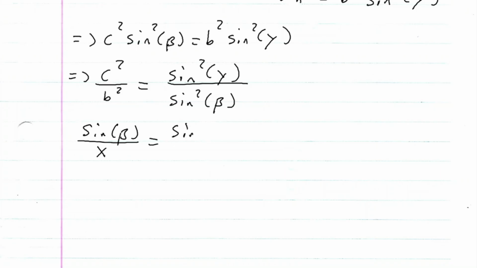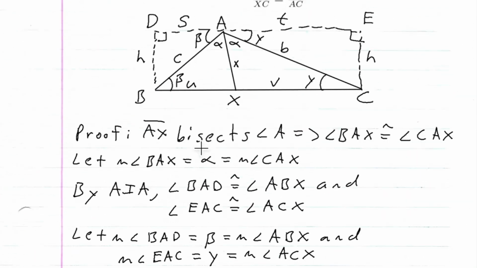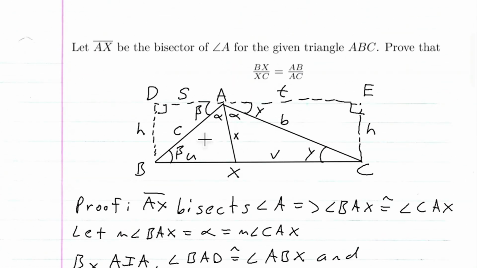Sine of alpha over u. Does that make sense? Remember, sine of beta over x is equal to sine of alpha over u. That's how the law of sines works for triangle ABX.